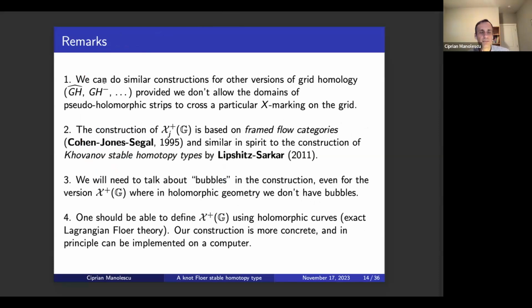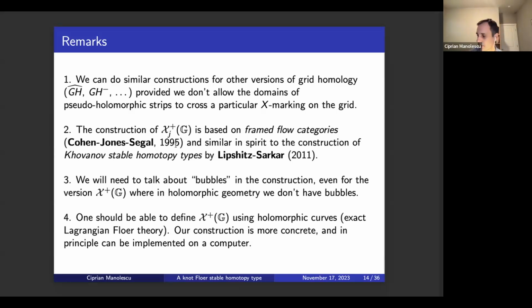So I'm going to explain mostly the construction for GH+, but you can do it for other versions of grid homology, provided we avoid sphere bubbles, meaning that we don't allow the strips to cross a particular X marking on the grid. So that's all we need to avoid.